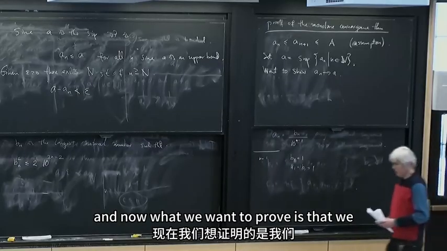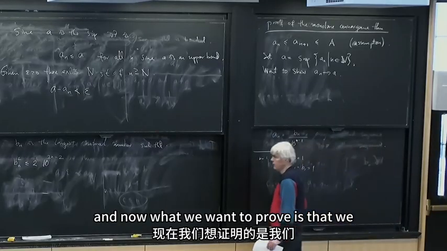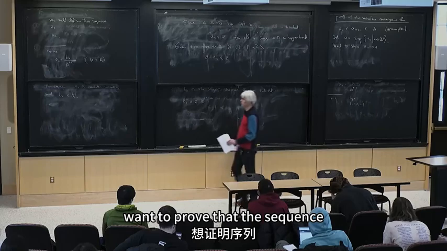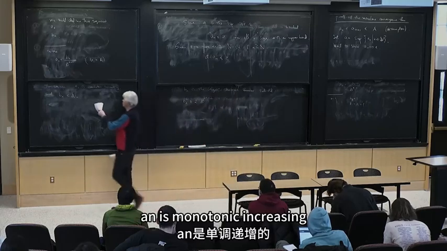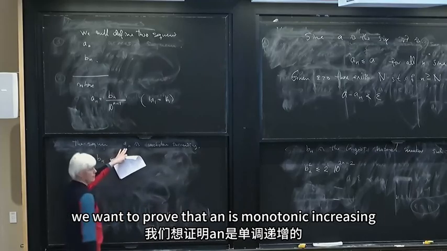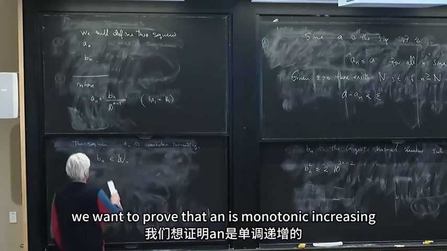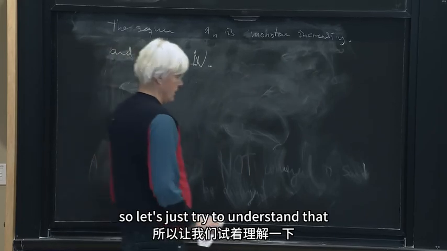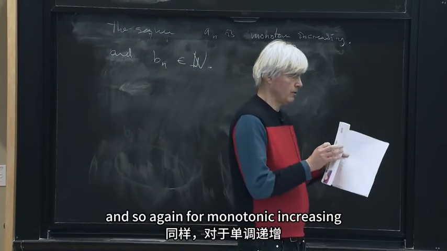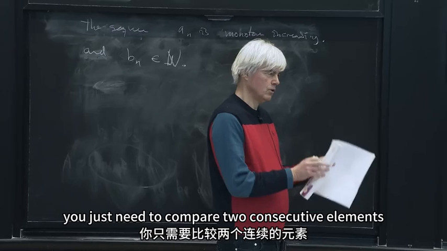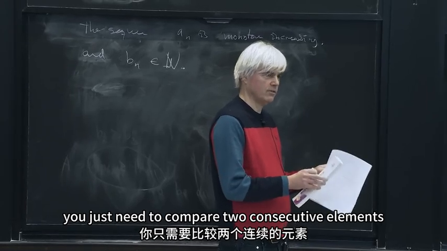Now what we want to prove is that the sequence AN is monotone increasing. Let's try to understand that. For monotone increasing, you just need to compare two consecutive elements.